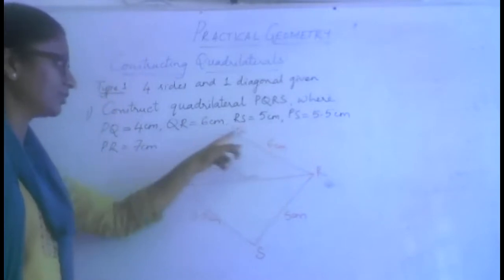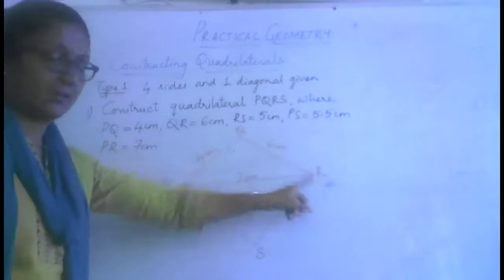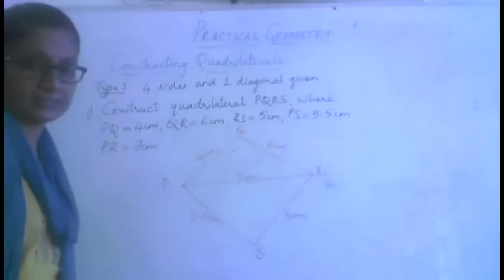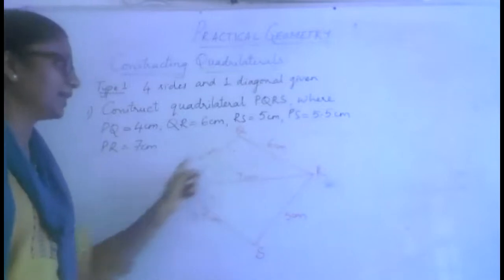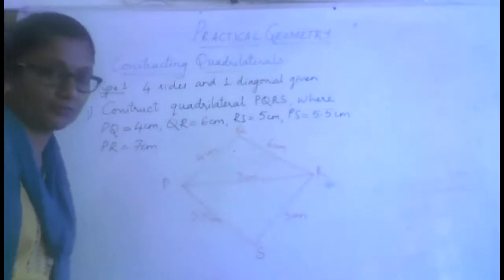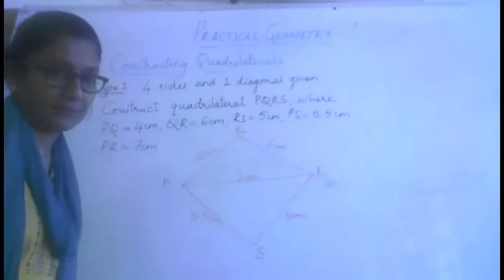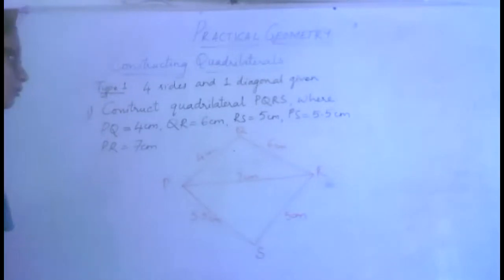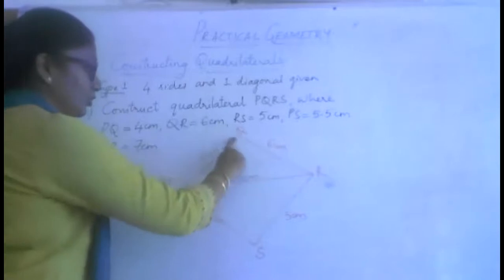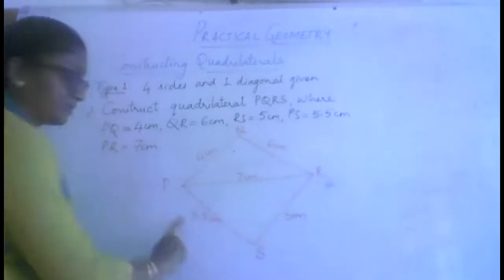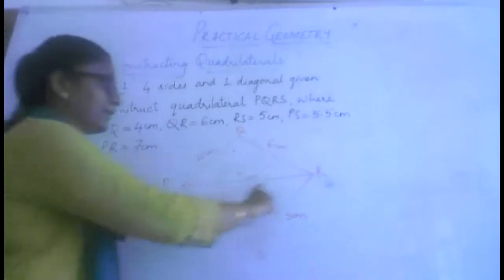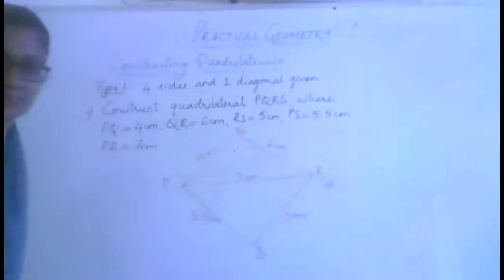So P is there, Q is omitted, you take R. So P and R are non-consecutive vertices and you have a line segment joining them. So PR becomes the diagonal of the quadrilateral PQRS. Now all the 4 sides are given. PQ is given as 4, QR is given as 6, RS is given as 5 and PS is given as 5.5. And the diagonal PR is given as 7 centimeters.